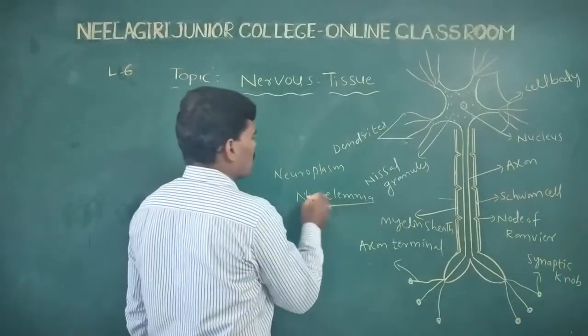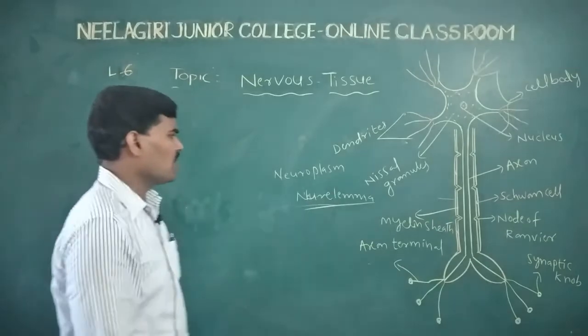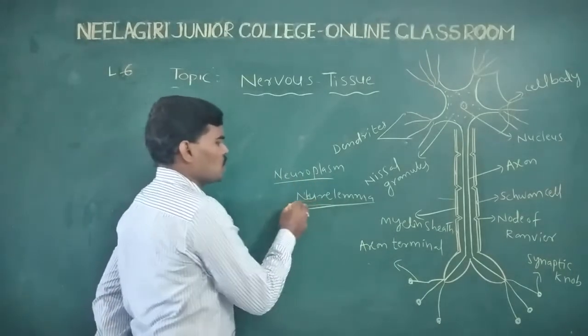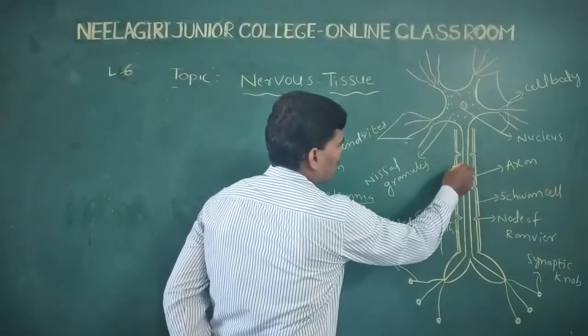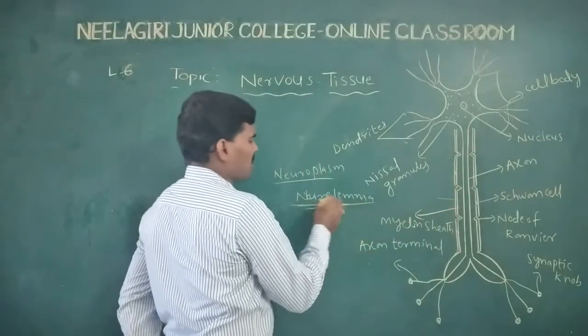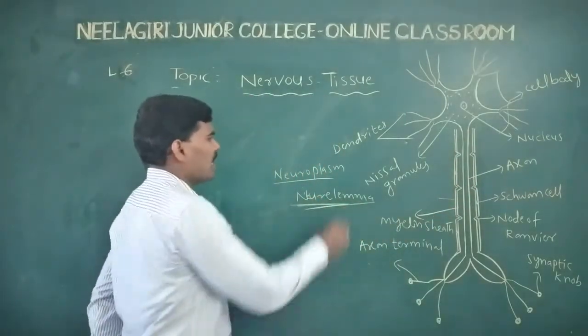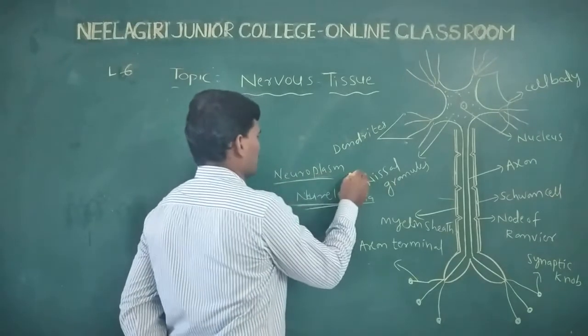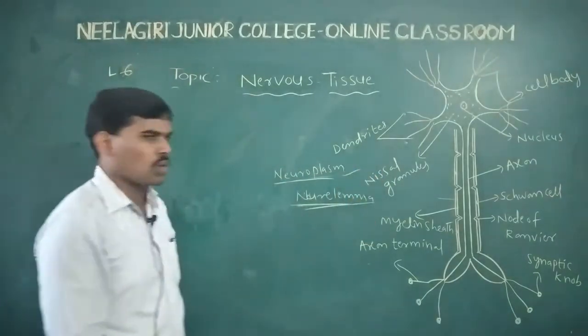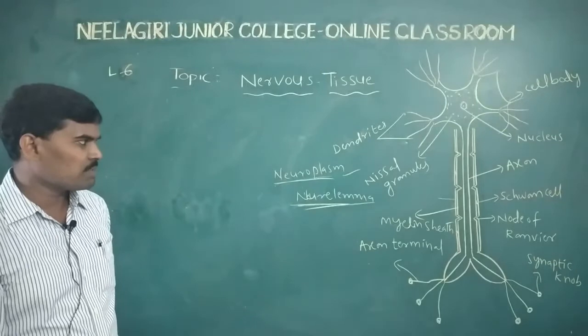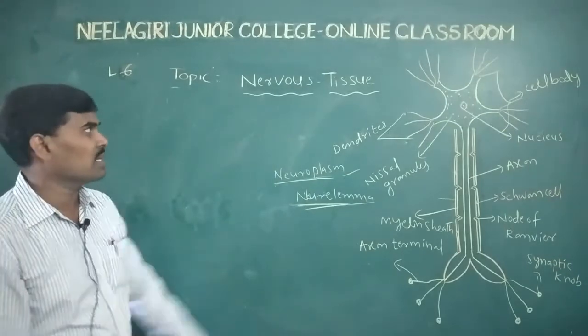So, neurolemma and neuroplasm: the outer surface covered by the plasma membrane is the neurolemma, and the cytoplasm present inside is the neuroplasm.